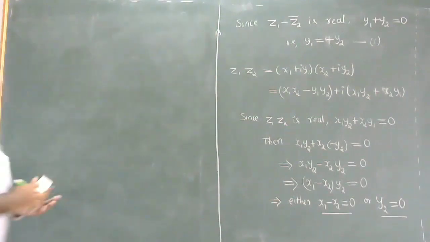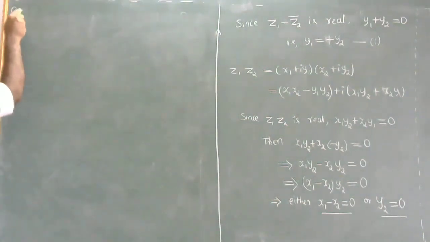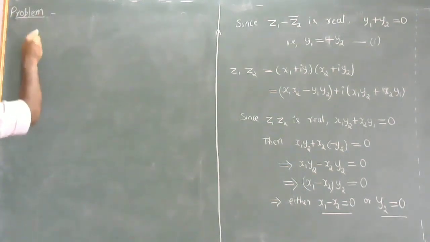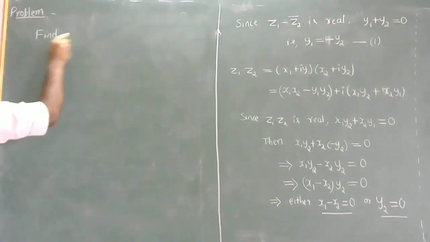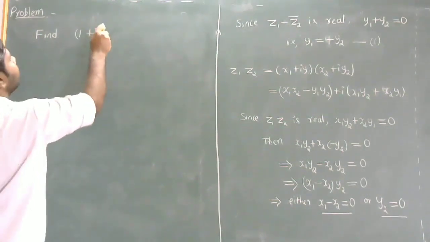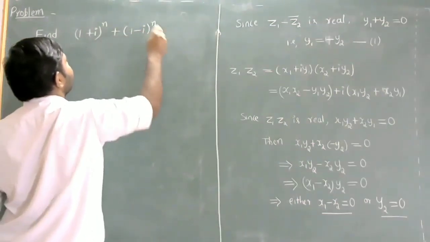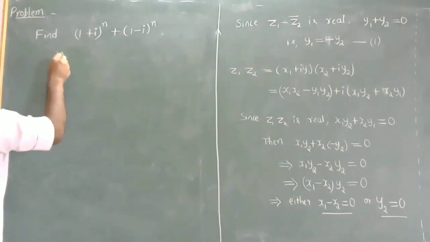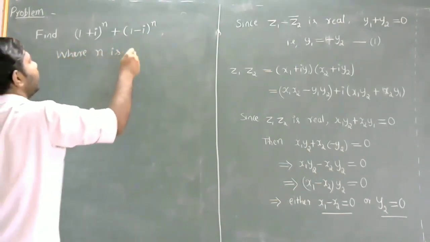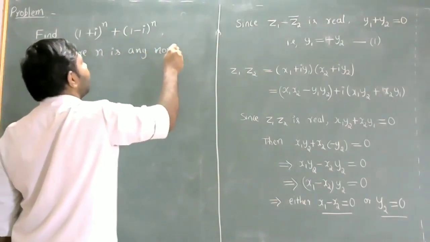Okay, now I consider one more problem. The problem is to find the value of (1 plus i) power n plus (1 minus i) power n, where n is any non-negative integer.